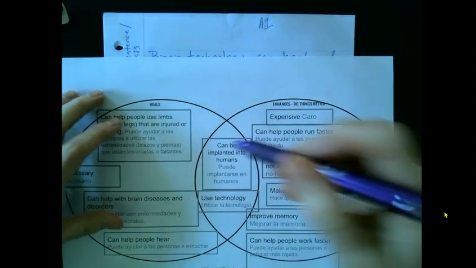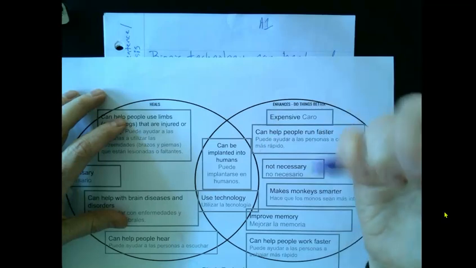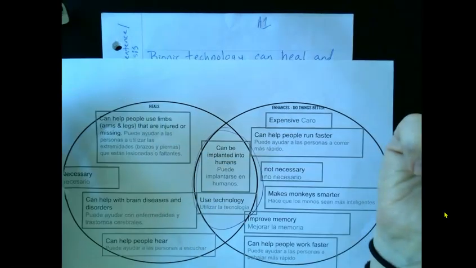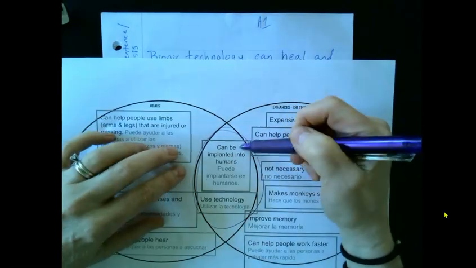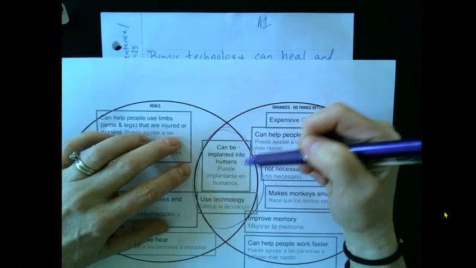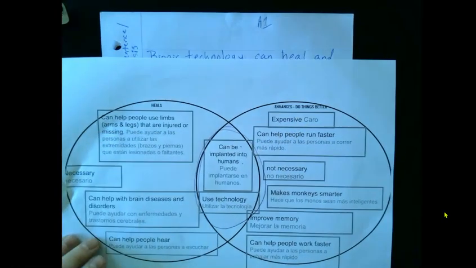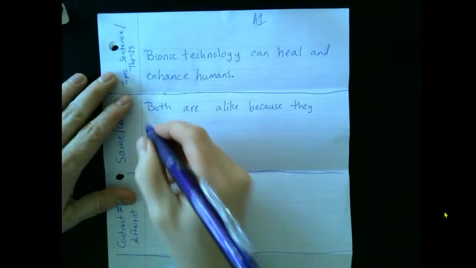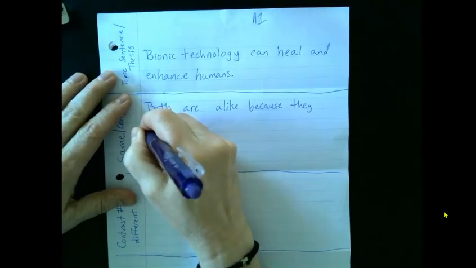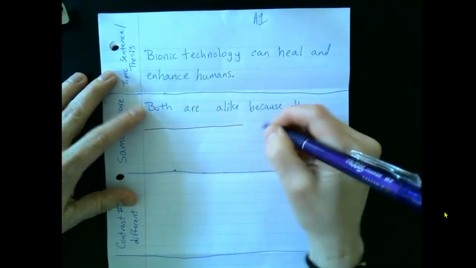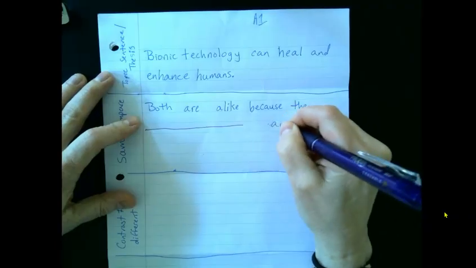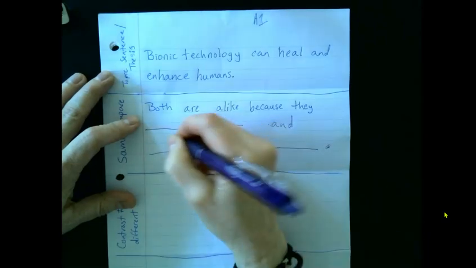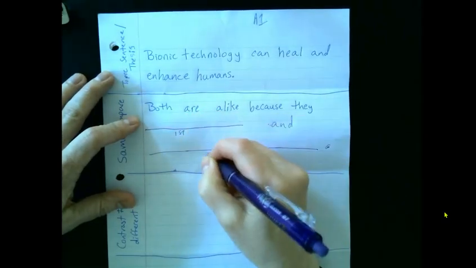Remember, the ones in the middle, where the circles go together, are the same, okay? So take these 2 things here, can be implanted into humans and use technology, and write your sentence. Both are alike because they, and then write one reason, and then put and, write the second reason and put a period at the end. So first reason, second reason.